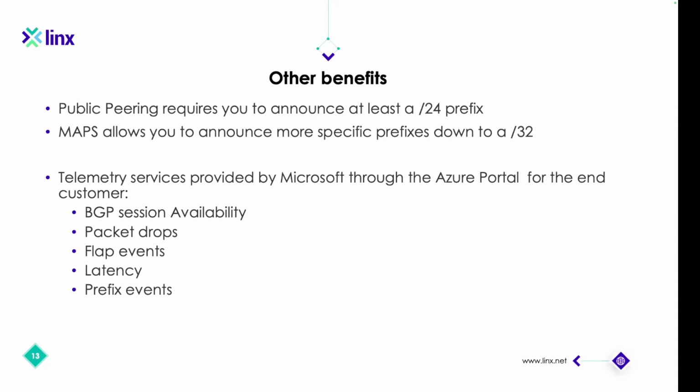And as soon as you do that, they will get accepted by Microsoft. So that's the only scenario where you actually have to use the Azure portal. If your prefixes are /24 or larger, there's no requirement for you to touch the Azure portal at any point in time.